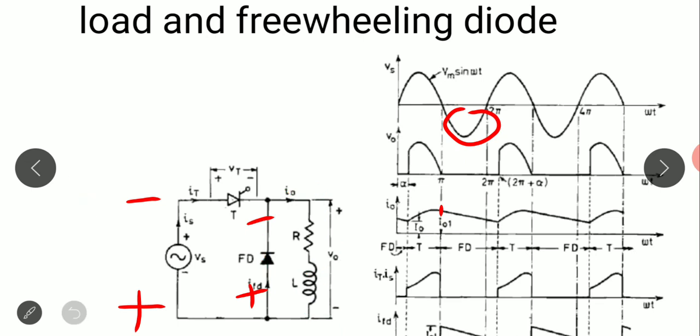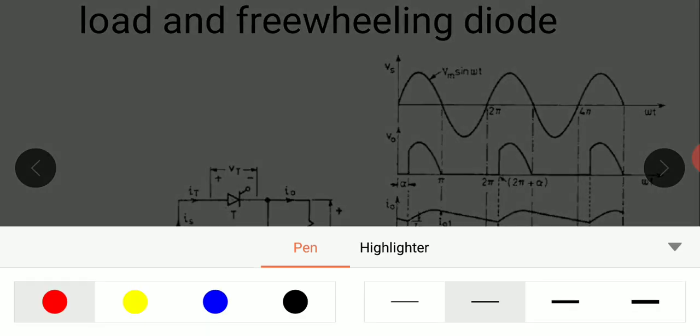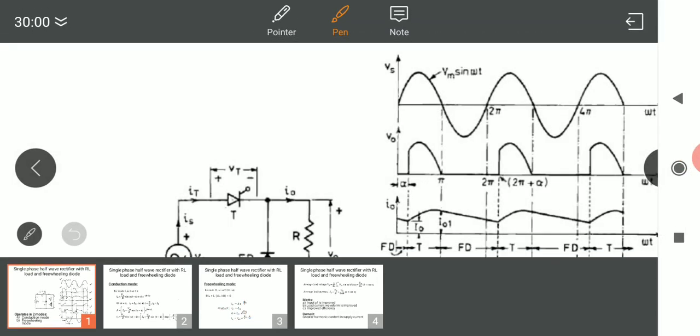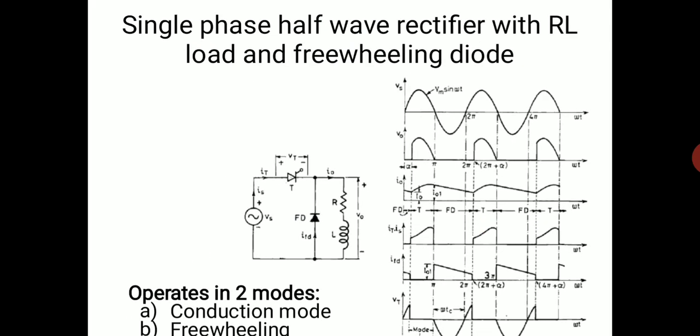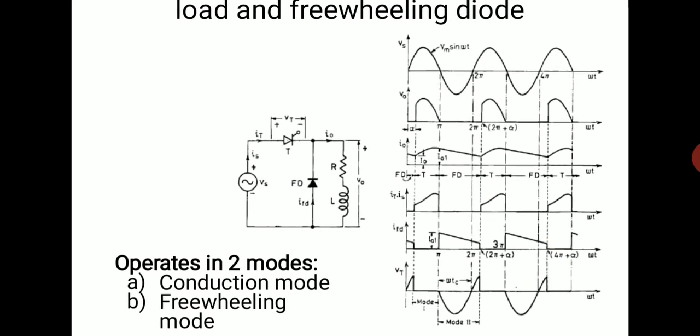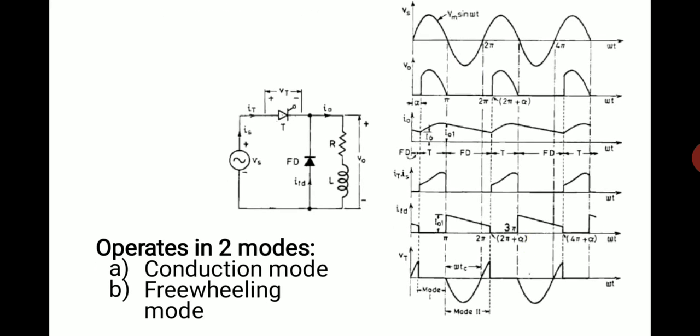For this, let us zoom our circuit. Okay. We know that the current that was flowing in the load through the thyristor till time instant omega t is equal to pi is now diverted to diode instead of thyristor.